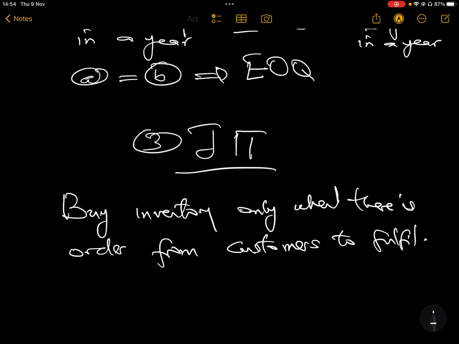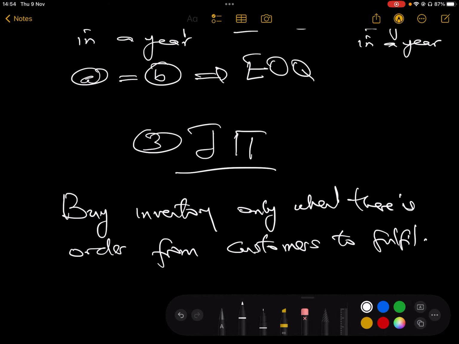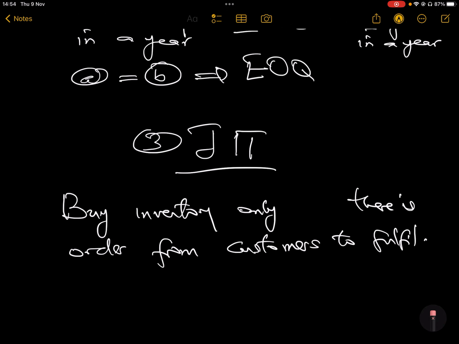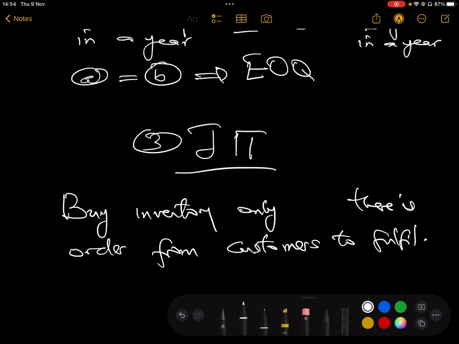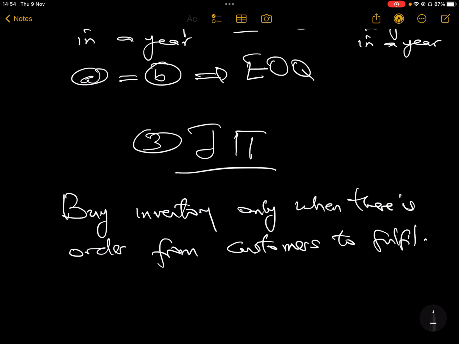So if nobody wants to buy anything, then you don't have to buy inventory because you don't want to keep inventory. Yeah, so you buy inventory only when there is an order from customers to fulfill.